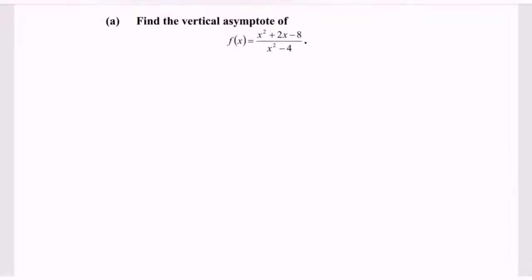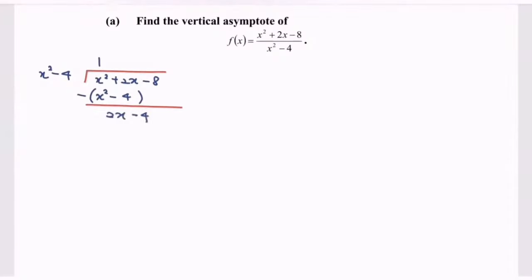So in order to make the fraction proper, kindly make use of long division. So where we have x squared plus 2x minus 8 divided by x squared minus 4. So substitute 1. So we will have x squared minus 4 in brackets. Simplify the situation, and we will have 2x minus 4, because we have negative 8 plus 4, so we will have negative 4.